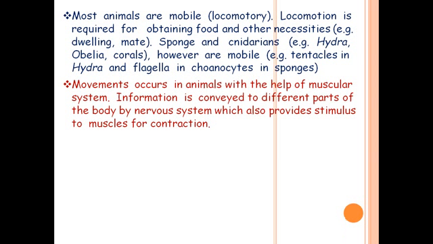Movement occurs in animals with the help of the muscular system. We have many systems, one of them is the muscular system. This muscular system helps us to move. Information is conveyed to different parts of the body by the nervous system, which also provides stimulus to muscles for contraction.